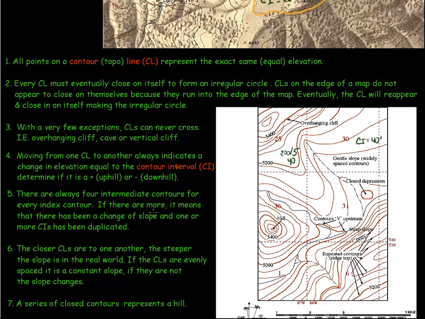If there are more, it seems to show a change in elevation. Let me show you. If we go from this one, this is 5400. If we actually go 1, 2, 3, 4, 5, 6, 7, 8, what we did is we actually went down to this river valley and then went back up.